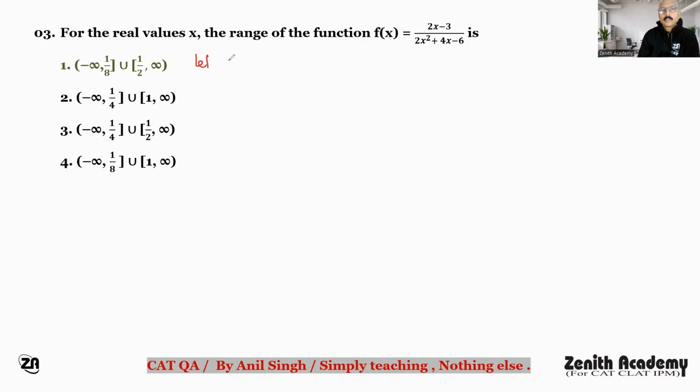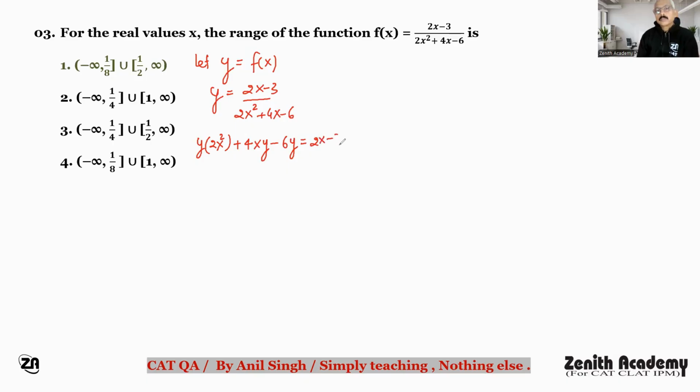Let y be equal to this function, then y is equal to (2x minus 3) over (2x square plus 4x minus 6). Cross multiplication gives y times 2x square plus 4xy minus 6y is equal to 2x minus 3.